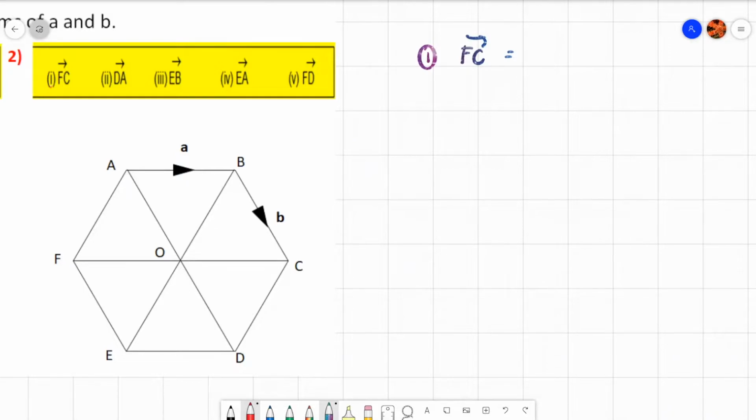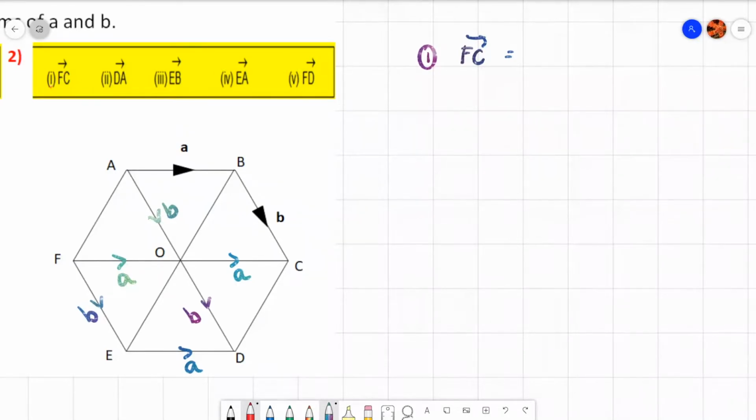For example, this side here is A. So all the sides that look like that would be A. They're all the same length. From B to C is B, so any line that's that direction would be B, so this one also, and this one also. All the others are in the opposite direction, so they're not.